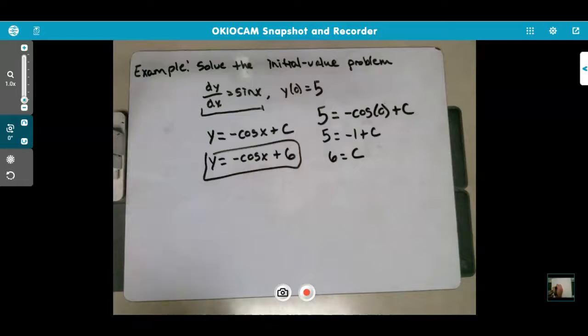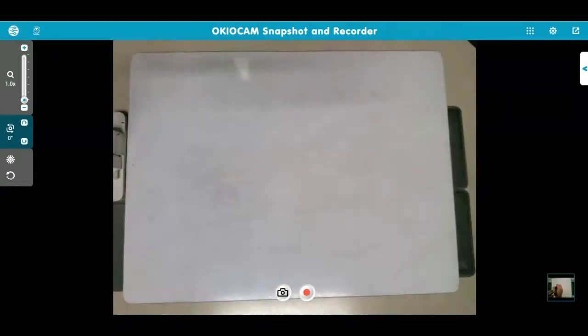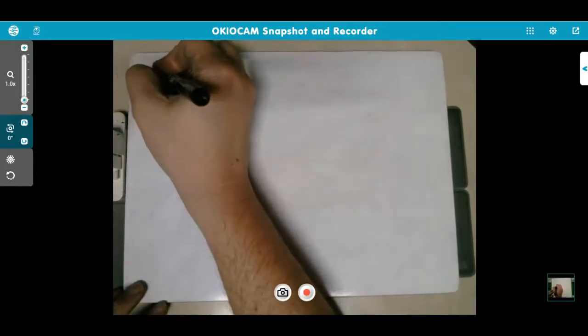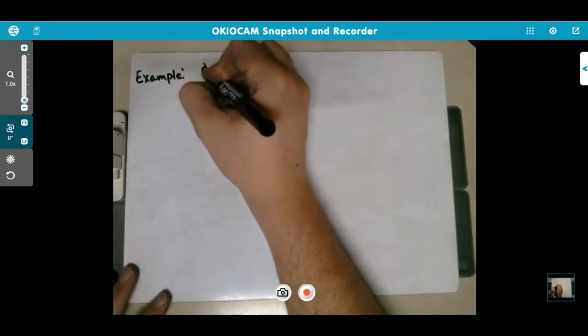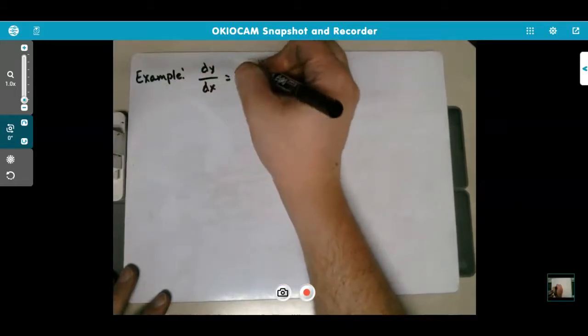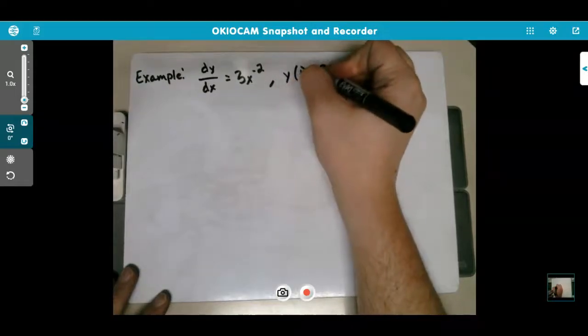One more example. Let's solve the equation dy dx equals 3x to the negative 2 such that y of 1 is equal to 2.